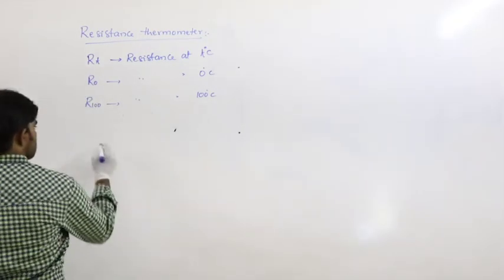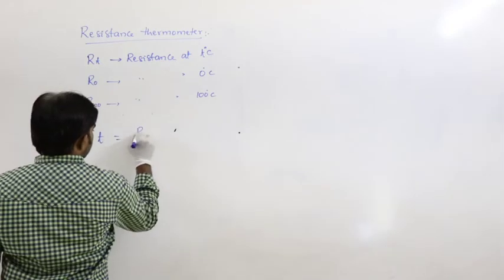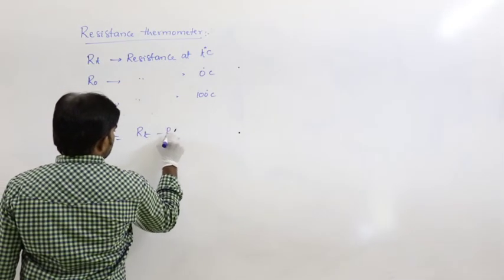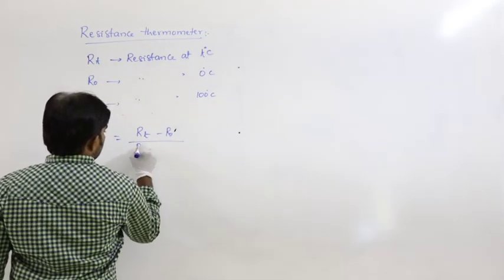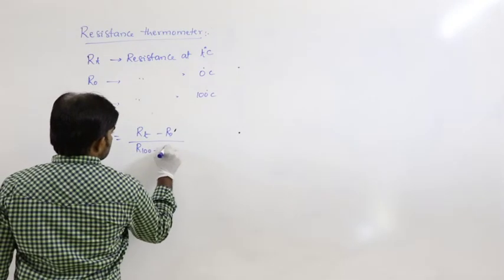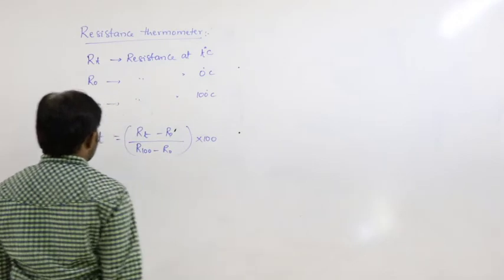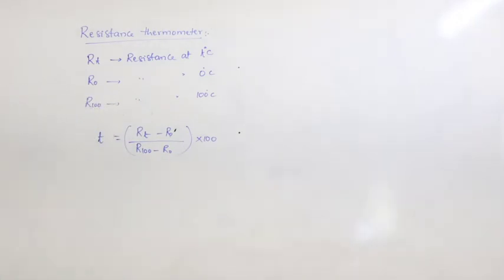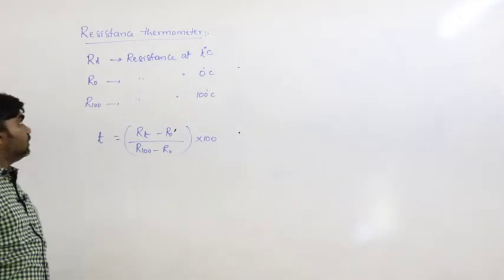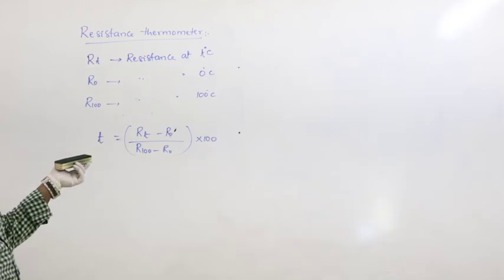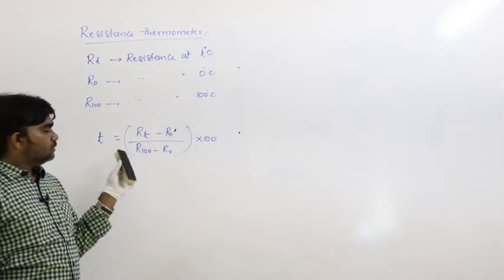So based on this, T can be written as (RT minus R naught) by (R100 minus R naught) into 100. This is the temperature.